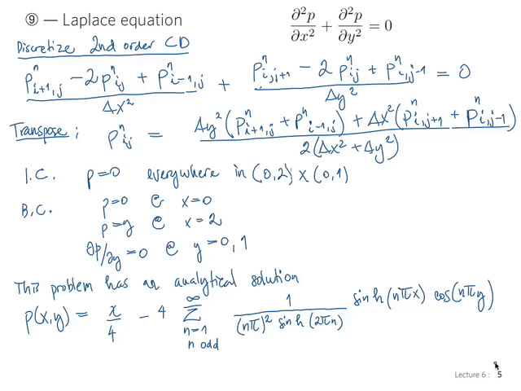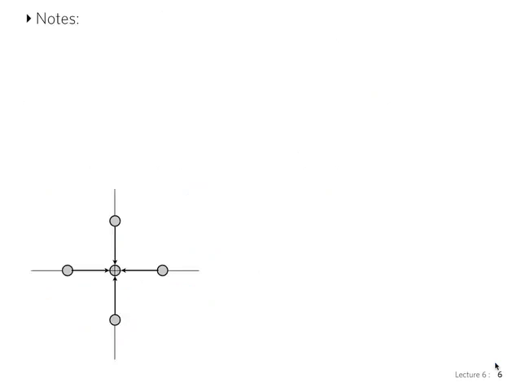And this is all that you need for step number 9. But let me explain a couple of things before I leave you with that. First, note that the Laplace differential operator is typical of diffusion.